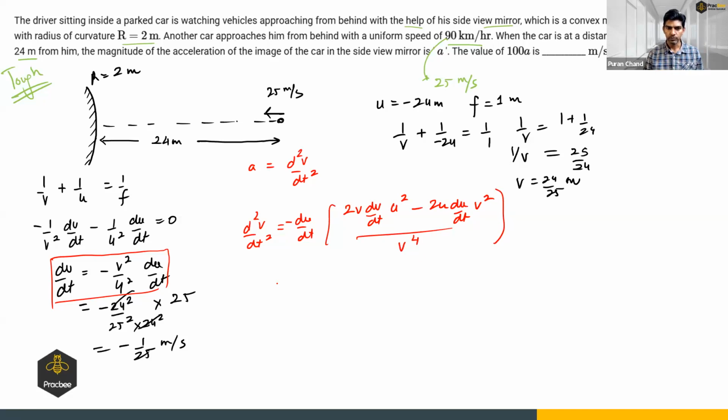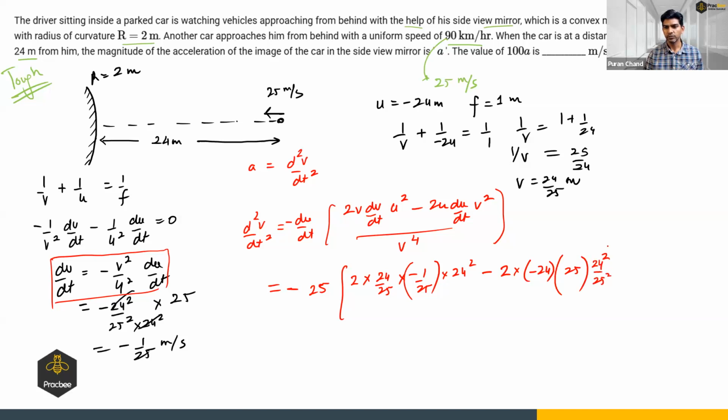Now we have to substitute values. So what is du by dt? That is 25. 2 times v is 24 by 25. What is dv by dt? Minus 1 by 25. What is u square? 24 square. Minus 2, u is minus 24. du by dt is 25. v square is 24 square upon 25 square, divided by v to the power 4, where this is u, sorry, this is v, right? 24 raised to power 4.